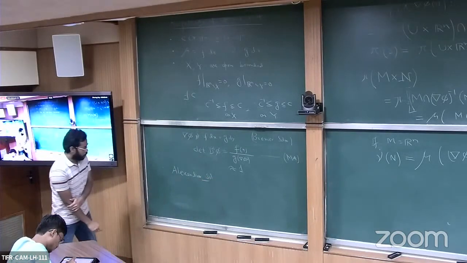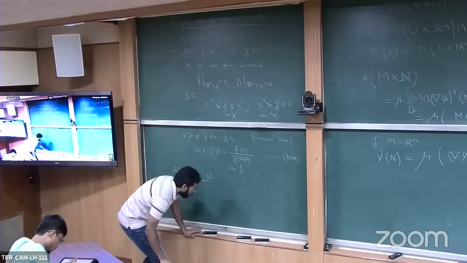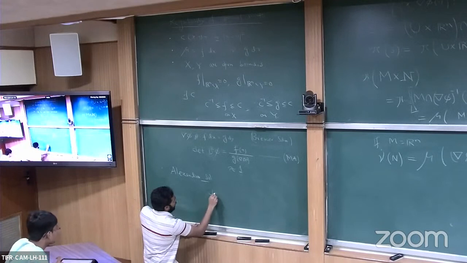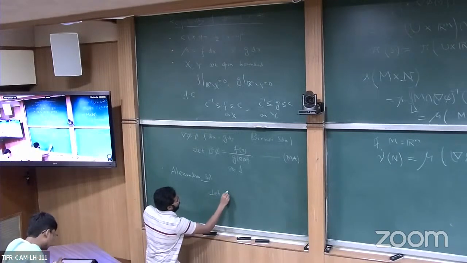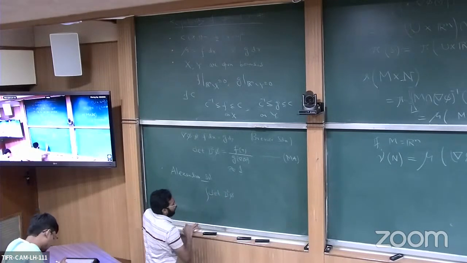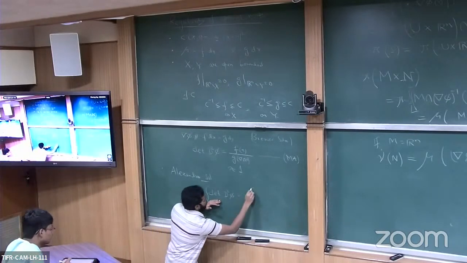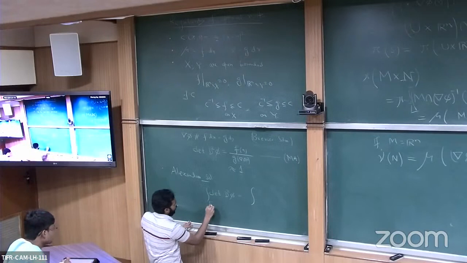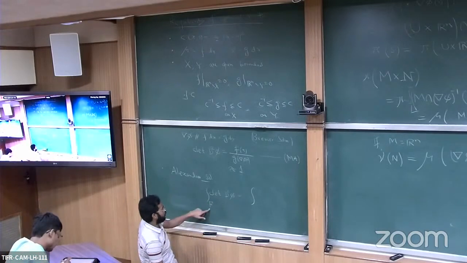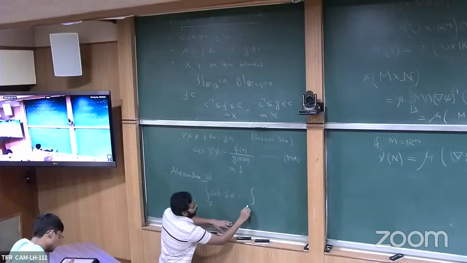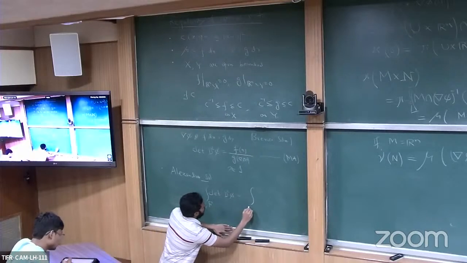This is as follows. For a convex function, let us do a formal change of variable. The determinant of D^2 phi is the Jacobian of the gradient of phi.